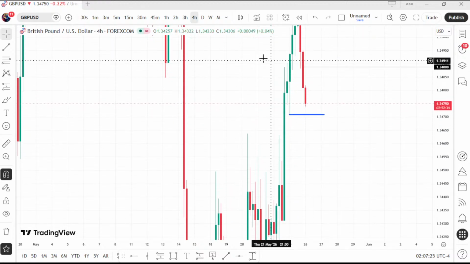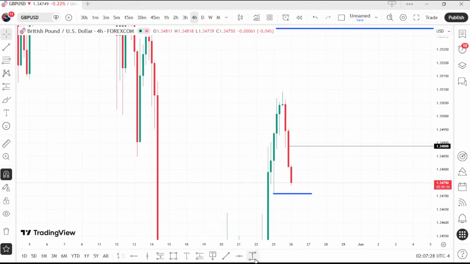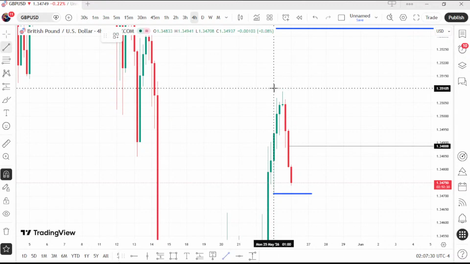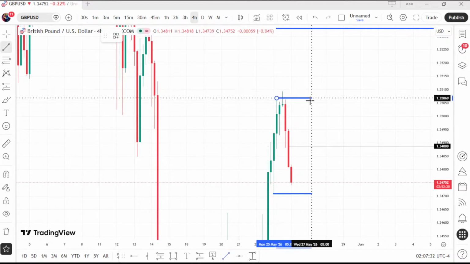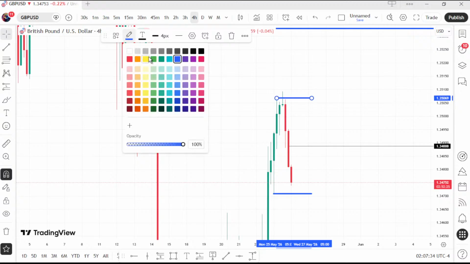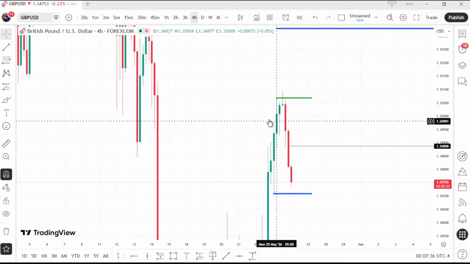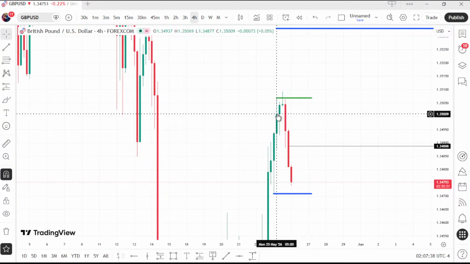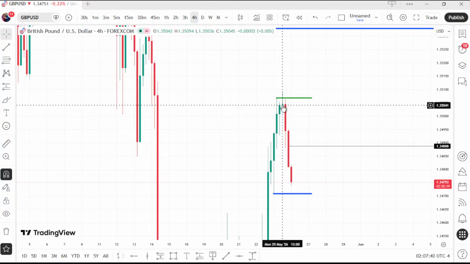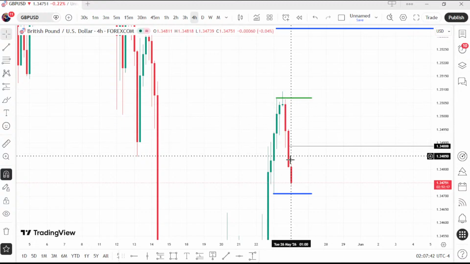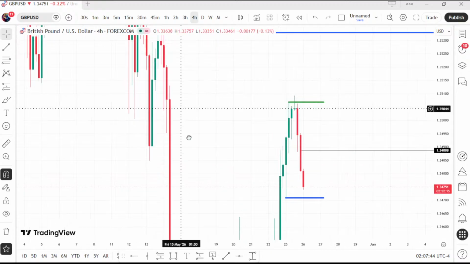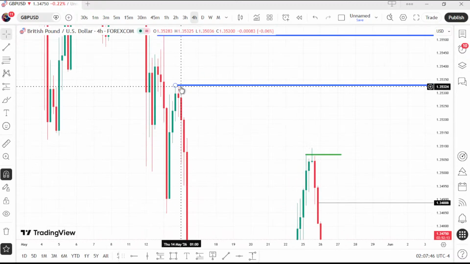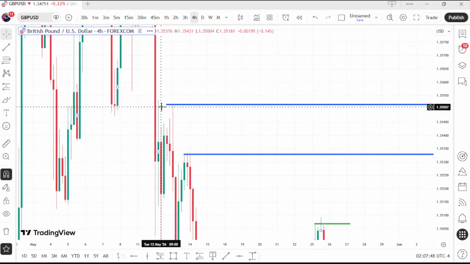In this 4 hour, you've seen it. Let me use another color. The price created that swing high, then price swept it, then declined lower. This daily swing high is the one that I'm targeting.